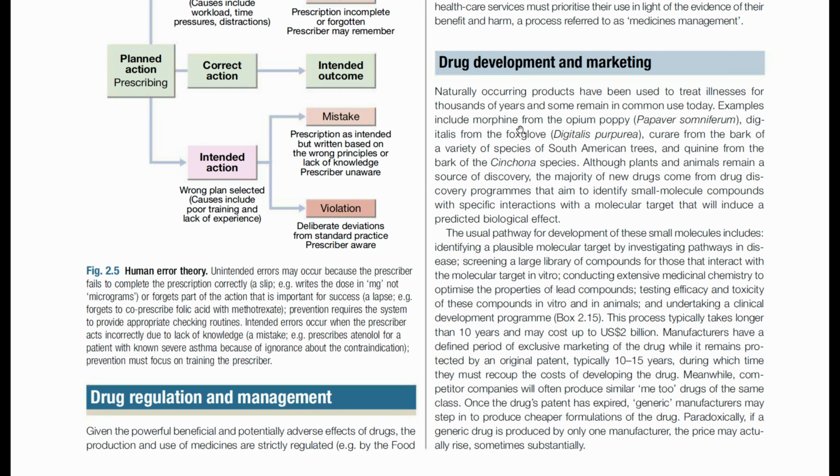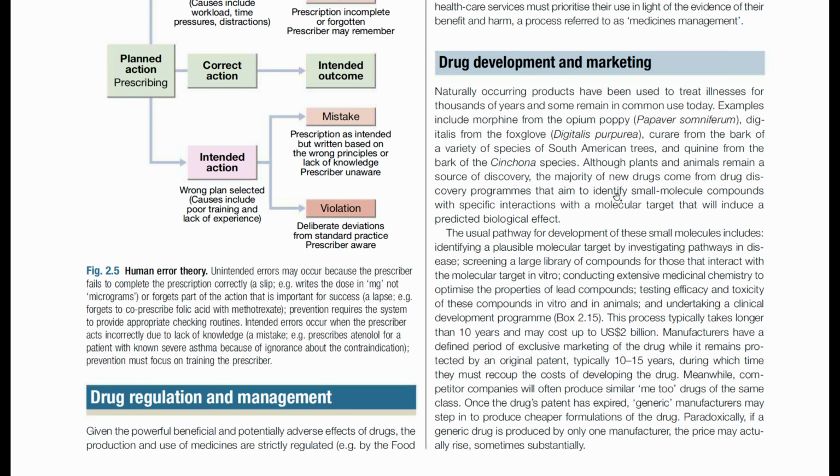Examples include morphine from the opium poppy, Papaver somniferum, digitalis from the foxglove, Digitalis purpurea, curare from the bark of a variety of species of South American trees, and quinine from the bark of the Cinchona species.